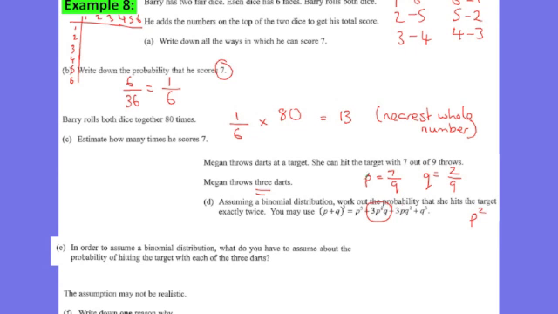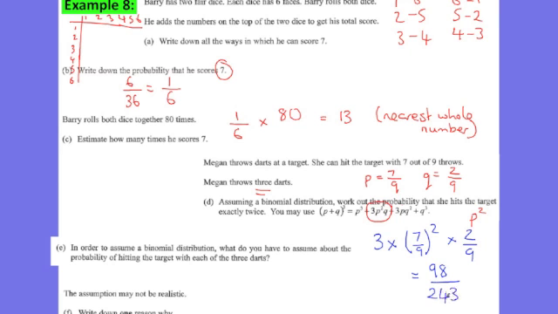So we're going to substitute in our probabilities to find out the probability of hitting the target twice. 3 multiplied by the probability of P, 7 over 9, squared, multiplied by the probability of failure, not hitting, missing, 2 over 9. Multiplying this out gives us the probability of 98 over 243.